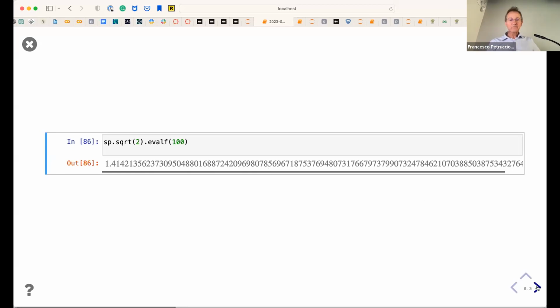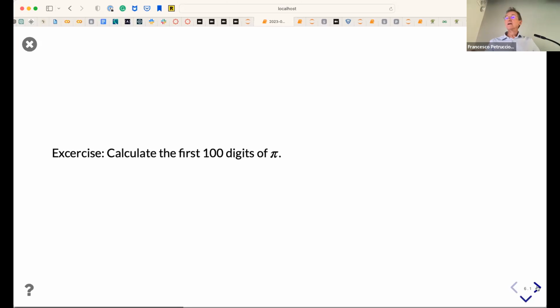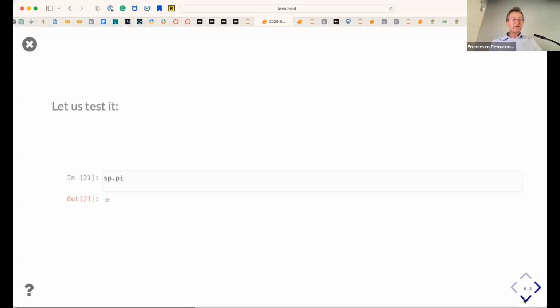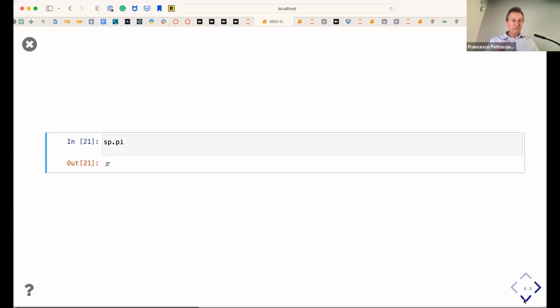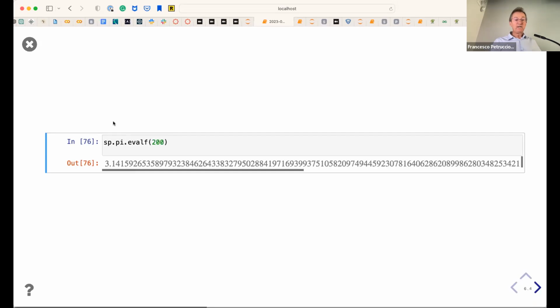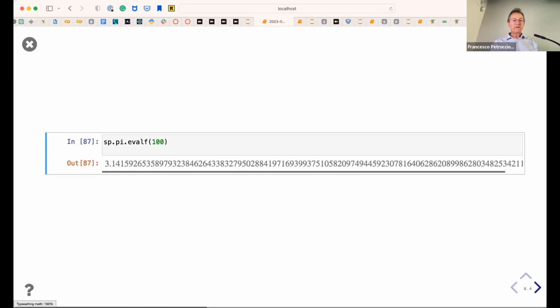Then we had the little example of calculating the 100 digits of pi, and that's of course the same command as before, just attaching the eval function after the pi. Sorry, here in the example I wrote 100, but then we played with 200, and you see it's very easy.